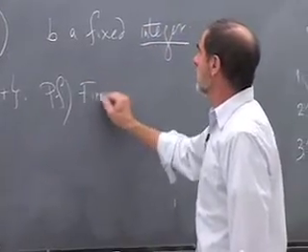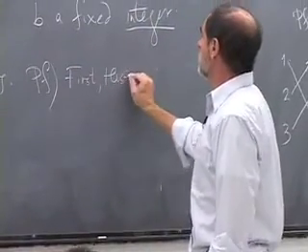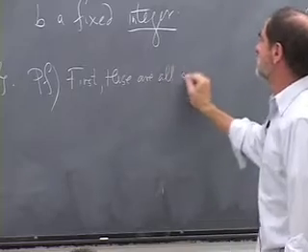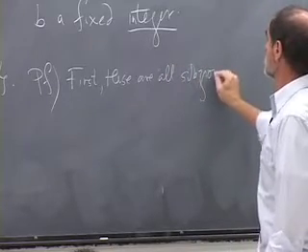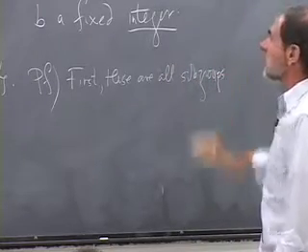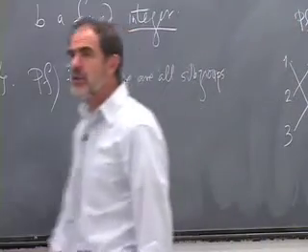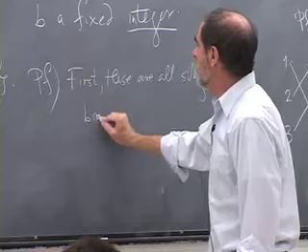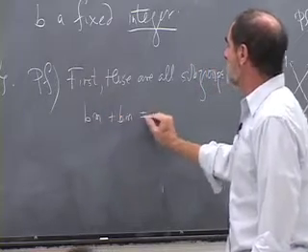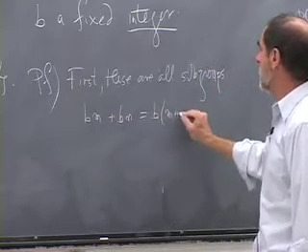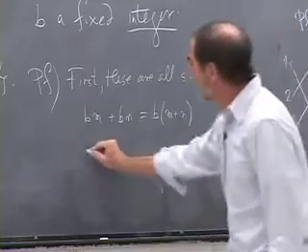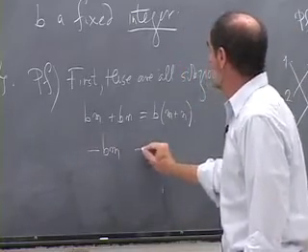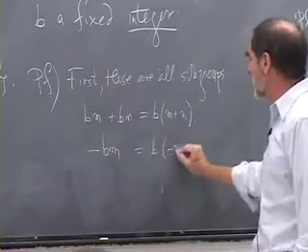First, these are all subgroups. That's more or less clear. If you add two integers divisible by b, that's just bm plus bn, which is equal to b times m plus n. The negative of bm is b times minus m.